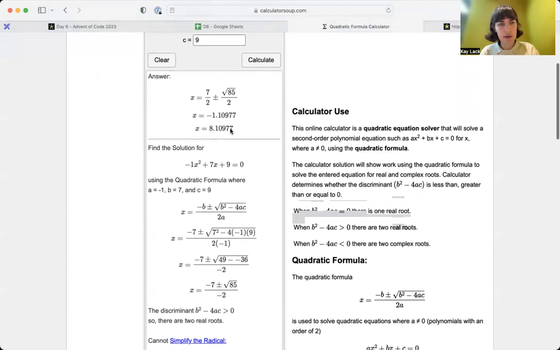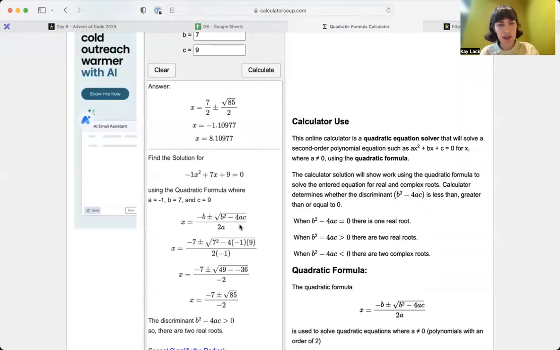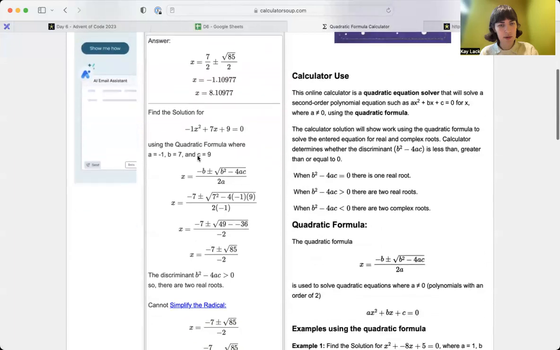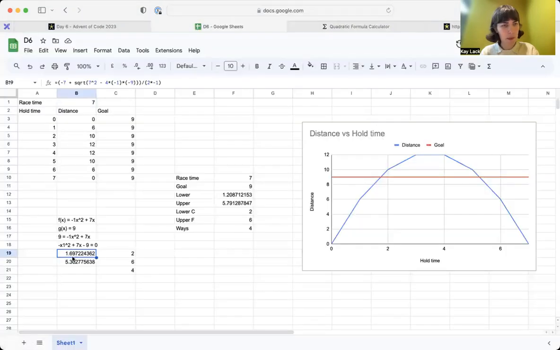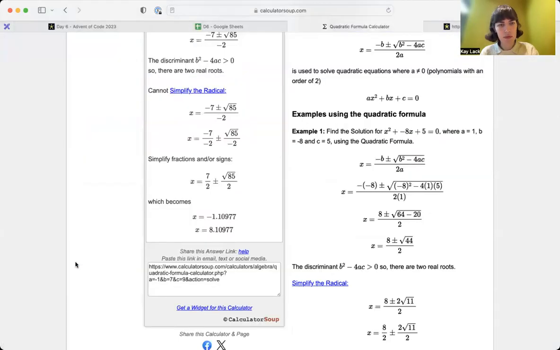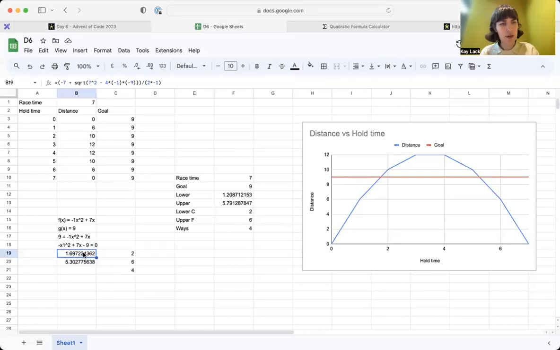C appears in the quadratic equation at the end here. That goes 9. This goes 9. It's odd.